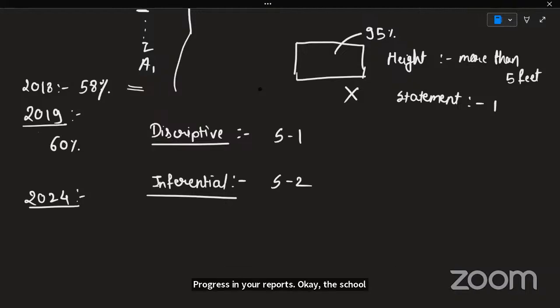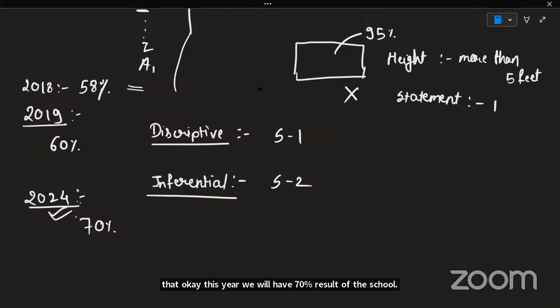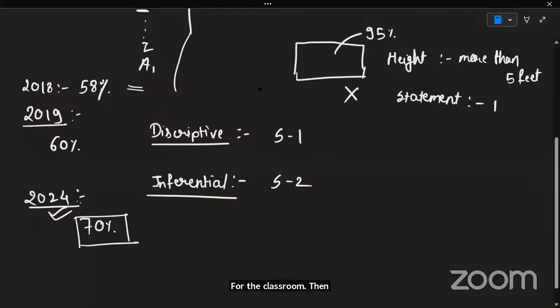Then when a news channel or someone comes to you, as you are the principal of the school, you have to say something about the 2024 results. Let's say you say that this year we will have a 70% result for class 10th. Then what kind of statement is it? Inferential.